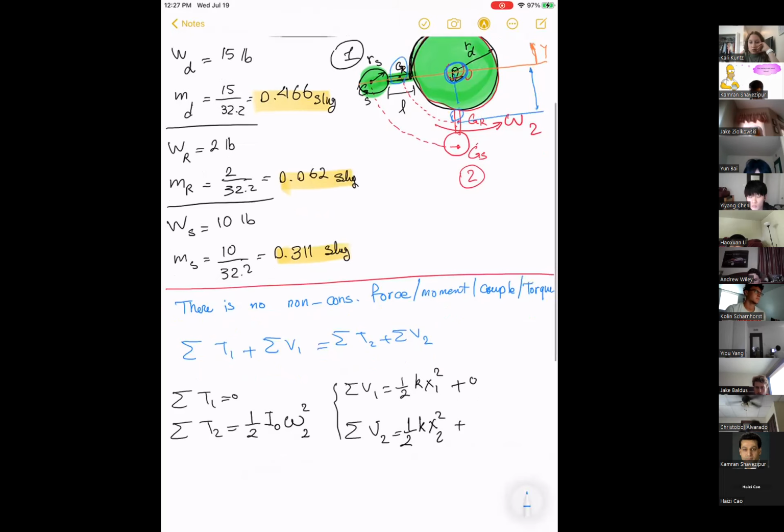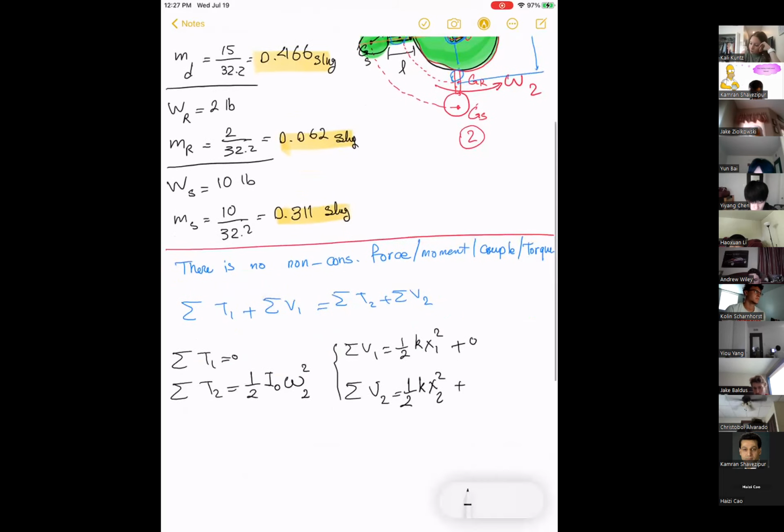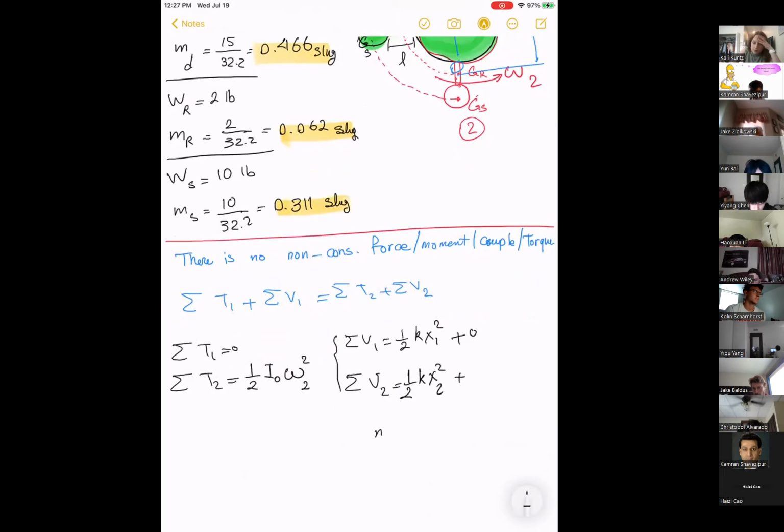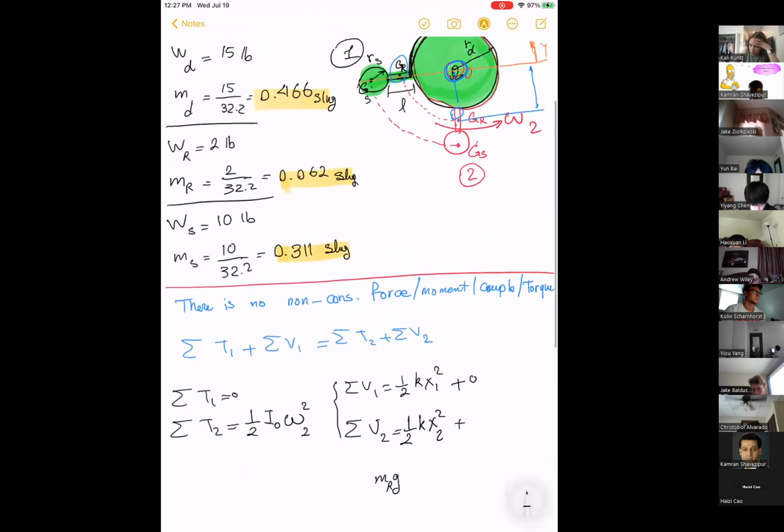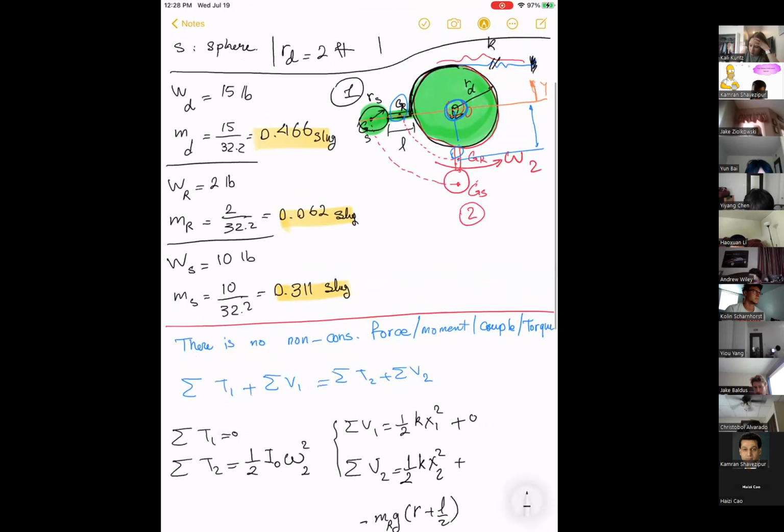So for the rod, you're going to have m_rod g. Your y, first of all, is going to be negative. I'm not going to make that mistake again. Minus, then you're going to get R plus L by 2. That's how much the center of mass comes down for the rod.